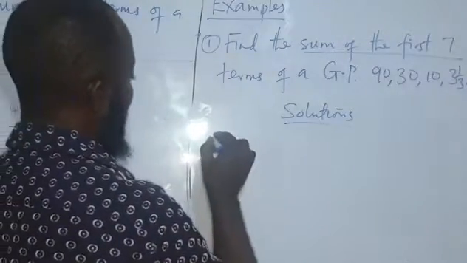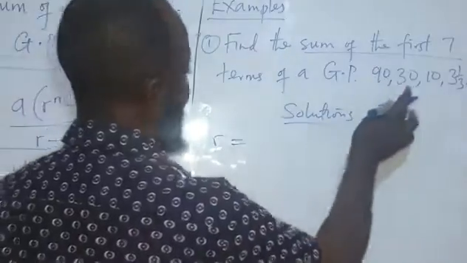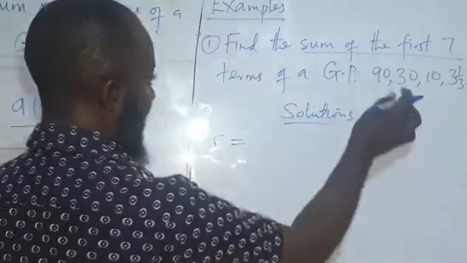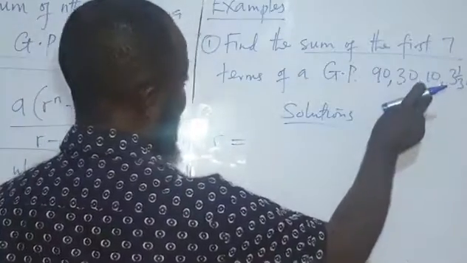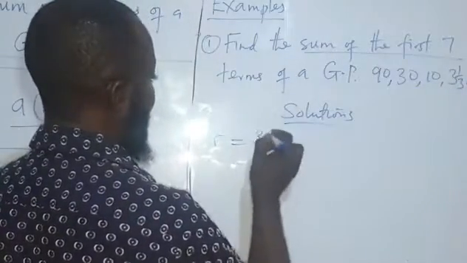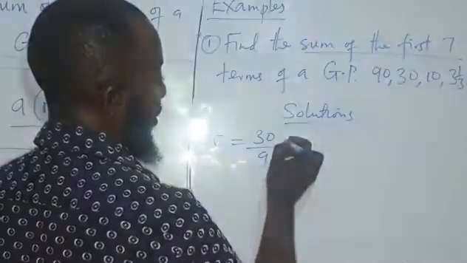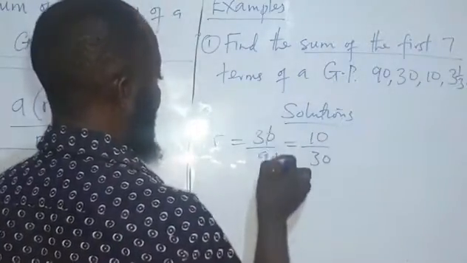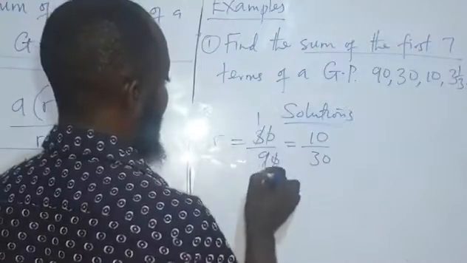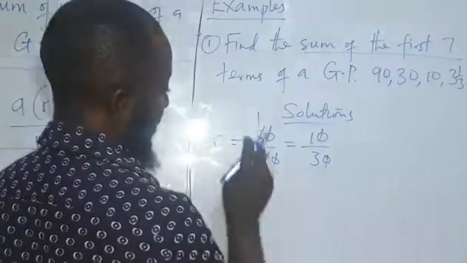Common ratio R is found by dividing the second term by the first term, or the third term by the second term. That means we have 30 divided by 90, which must be equal to 10 divided by 30. So 0 cancels 0, 3 here is 1, 3 here is 3, 1 over 3.